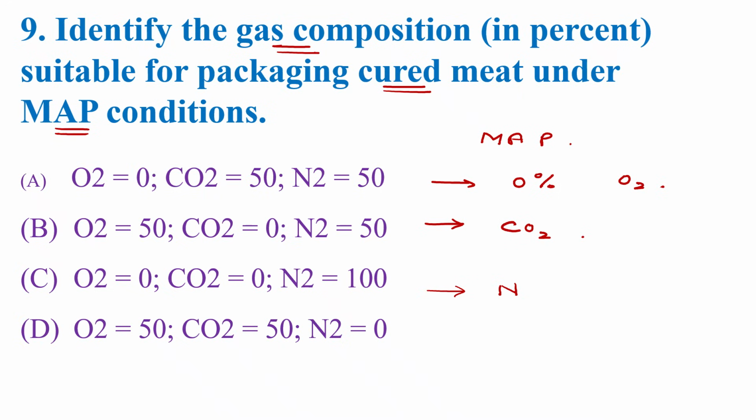Nitrogen gas will be there since it will actually act as a filler gas to maintain the space in the packaged product. So over here, my correct option is option number A, oxygen is 0, then carbon dioxide is 50, nitrogen is 50. So my correct option will be option number A.